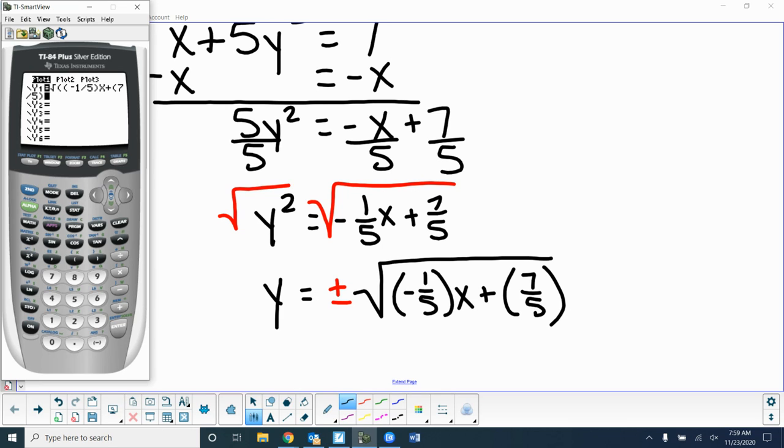So you've got to close that off. There's an extra one, you've got to remember. And then I do the same thing, except I put negative in front, because I had a positive and a negative. And then again, with -1/5 in parentheses x plus parentheses 7/5 and close it off again.